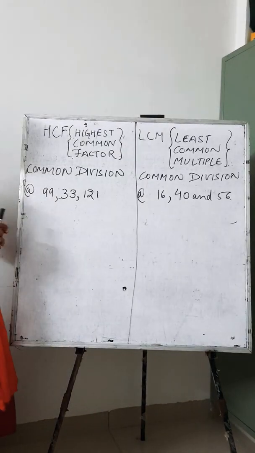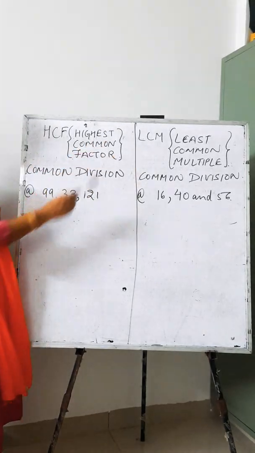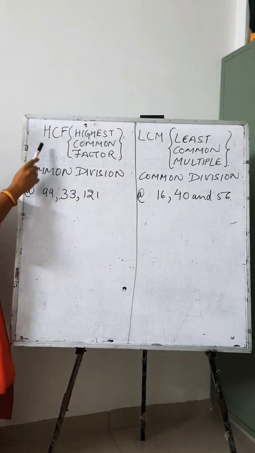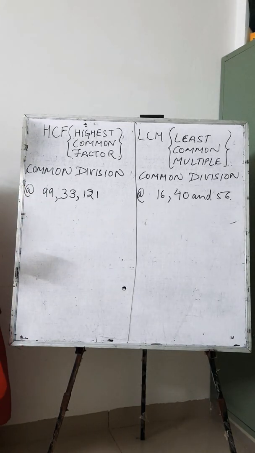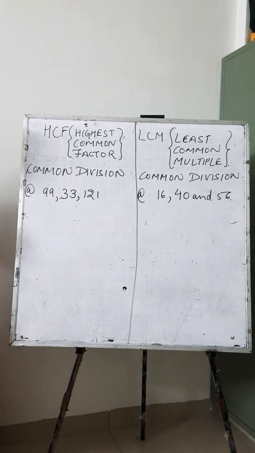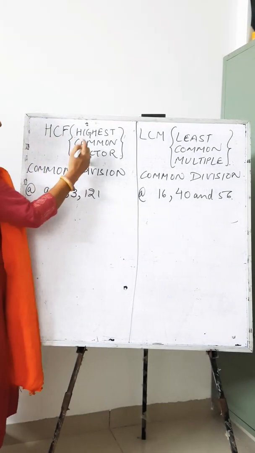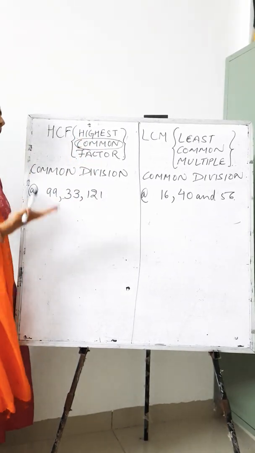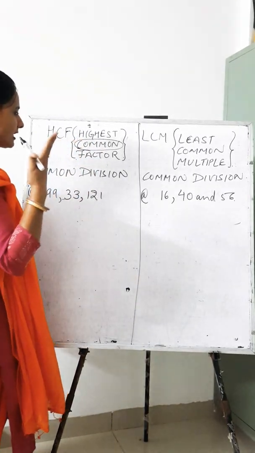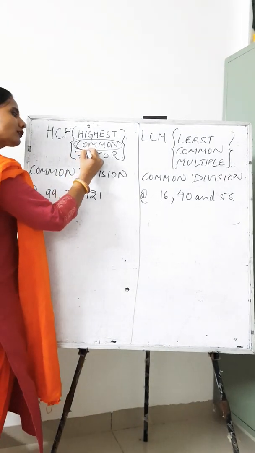Now we will discuss HCF and LCM. Children, don't be afraid of these terms. They are very simple and easy, and it is very interesting to solve them also. What is HCF? Highest common factor. Whenever this term is used in any sentence in English or in maths, common stands for same only.